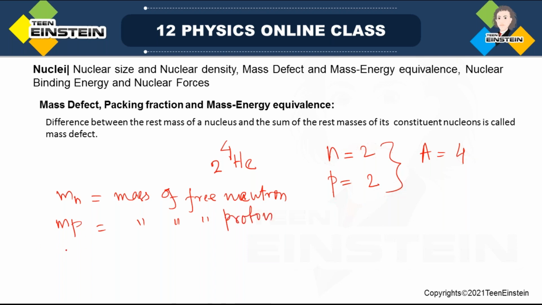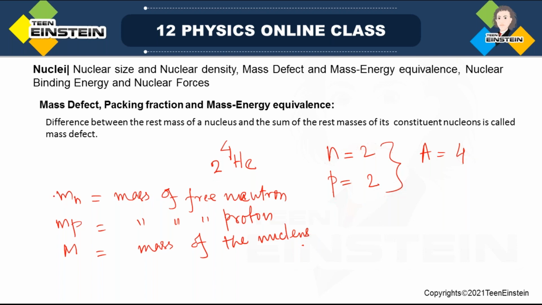And let me take capital M as the mass of the nucleus.